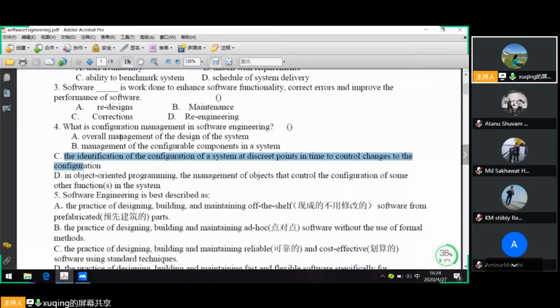We have said that configuration management is also very important for software evolution, and software evolution always concerns changes. So here we have C as the correct answer.